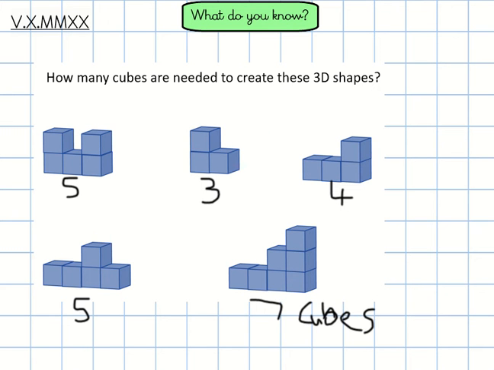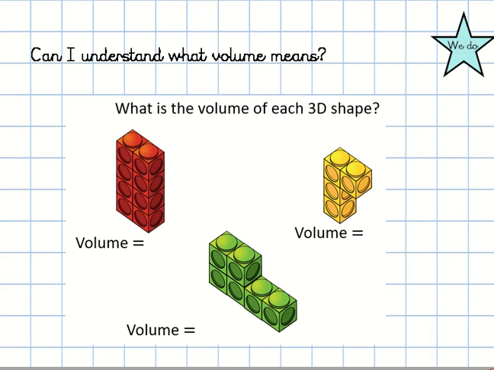So then, if I continue, can we work out the volume of these shapes? Pause the video and quickly have a go. Now that you've paused the video and had a go, let's have a look. My first shape has 1, 2, 3, 4, 5, 6, 7, 8 cubes because it's got 2 rows of 4.